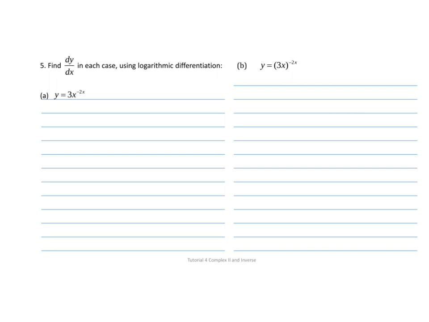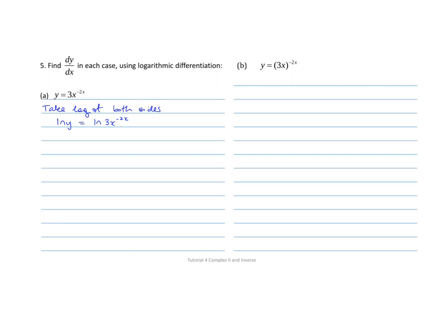So if we take the log of both sides, we have log y is equal to the log of 3x to the minus 2x. Now, you can't take the minus 2x out the front yet.